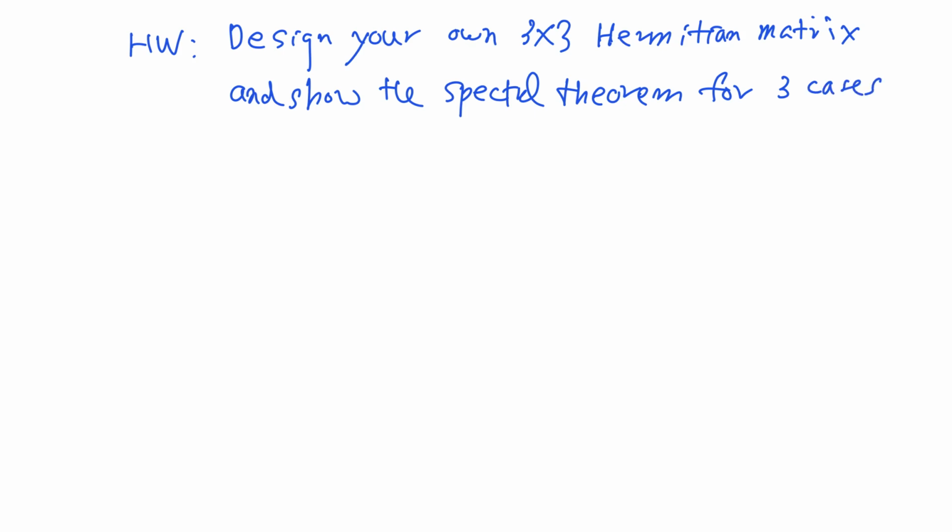If you design a Hermitian 3 by 3 matrix, how long did it take for me to solve the eigenvalue problem, find the eigenvectors, and then show the spectral theorem? About half an hour, right? So 3 sets, maybe an hour and a half.